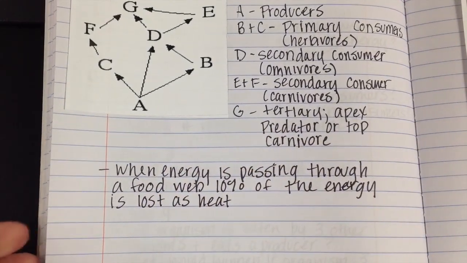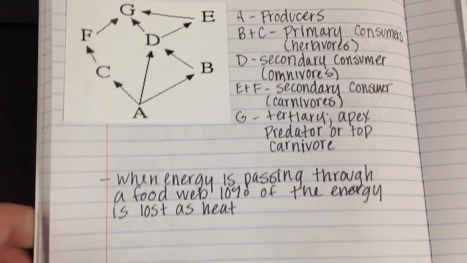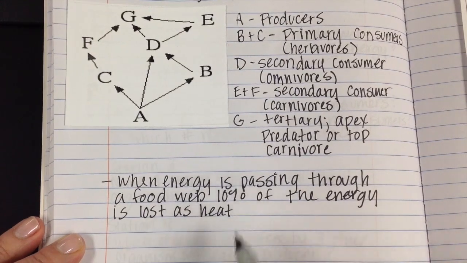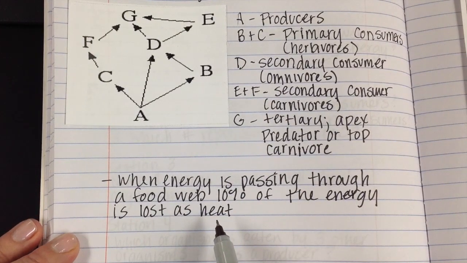Okay, you can really tell this in the wintertime. When it's cold outside, you tend to want to eat, and one reason why you want to eat is to heat up your body.